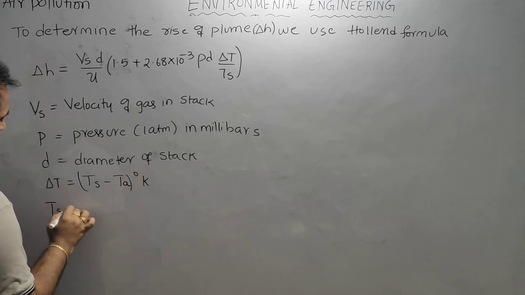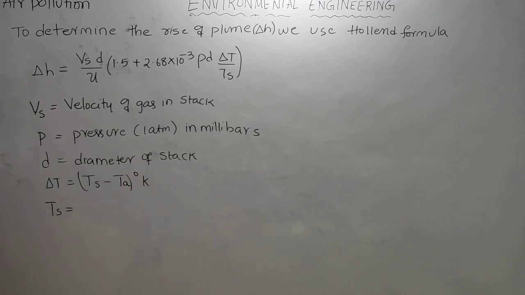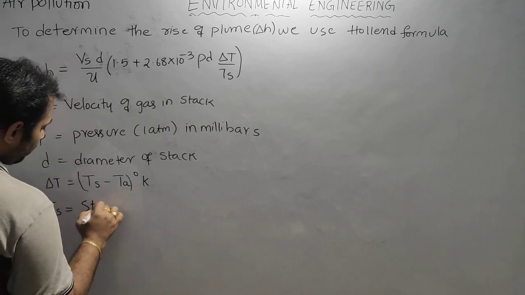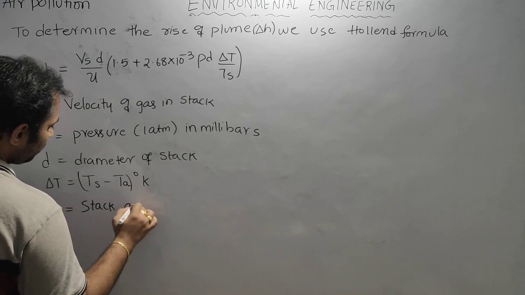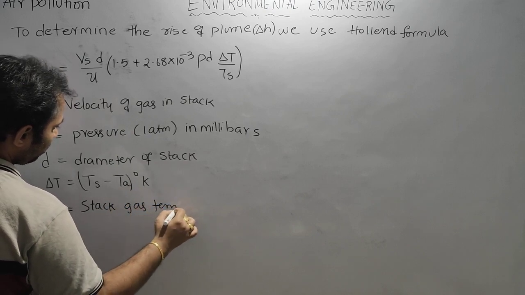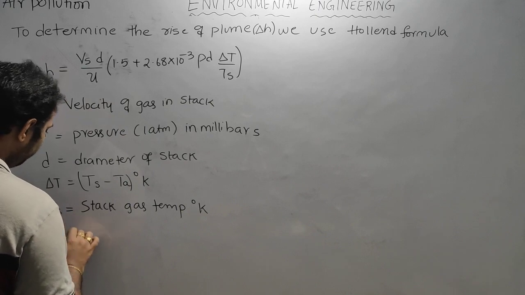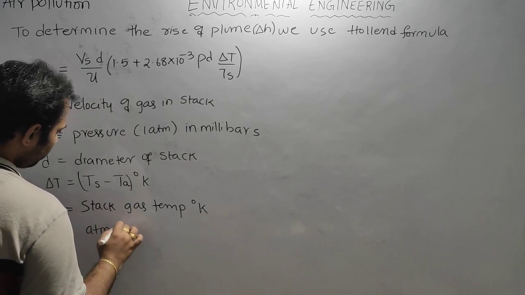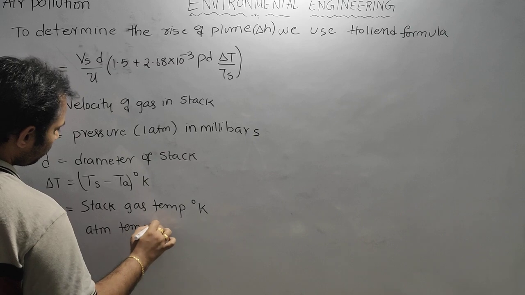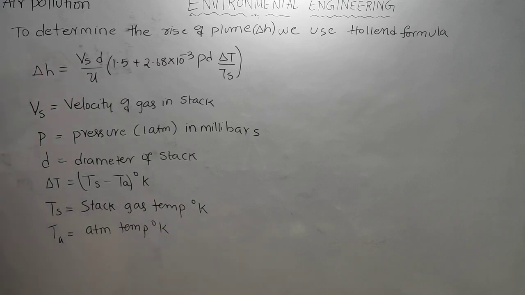Ts is the temperature of the gas coming out of the stack in degrees Kelvin, and Ta is the atmospheric temperature in degrees Kelvin. Using this we can find the plume rise height.